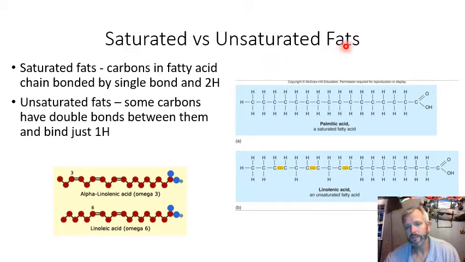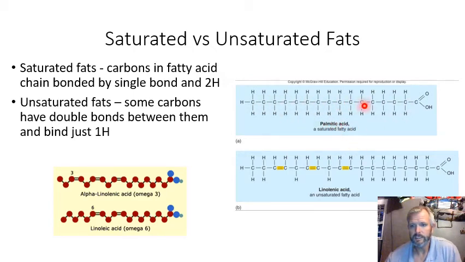You may have heard the terms saturated and unsaturated fat. Since we're doing physiology, we're talking about homeostasis. Diet is part of that. And you can see the difference in the chains, the saturated versus unsaturated fats. Here is saturated, palmitic acid.